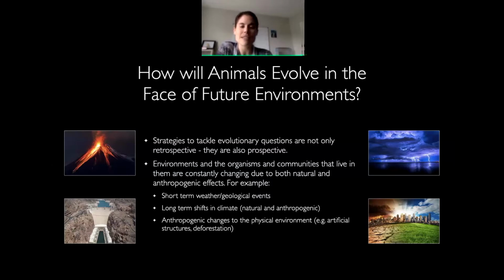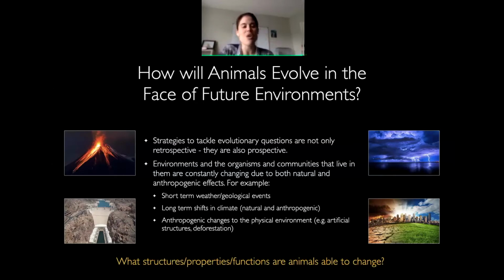All of these things can have a big impact on animals, and represent major selective pressures that they're experiencing, and they have to come up with, if you want to anthropomorphize, strategies to deal with them.